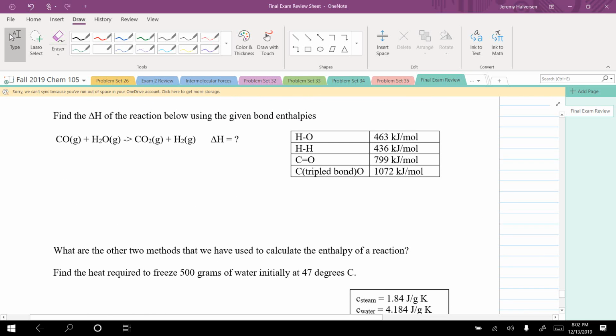Okay, trying to find the delta H of this reaction. How do I do it? I'm given bond enthalpies, so what am I going to do? Broken minus formed.